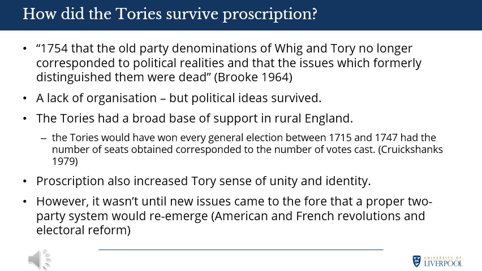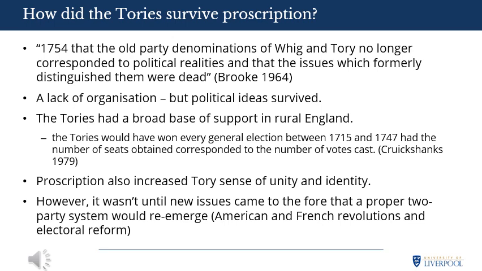Now, it's worth considering how the Tories survived as a grouping, even if we accept Brooke's arguments of regional grouping during the Whig supremacy. Many parties or organisations would have fractured, slowly eroded, but the Tories didn't. Why? Well, for most of the period, the Tories commanded a broad base of support in rural England, but the undemocratic nature of the franchise and the maldistribution of borough seats ensured that this popular appeal was never translated into a Tory majority in Parliament.